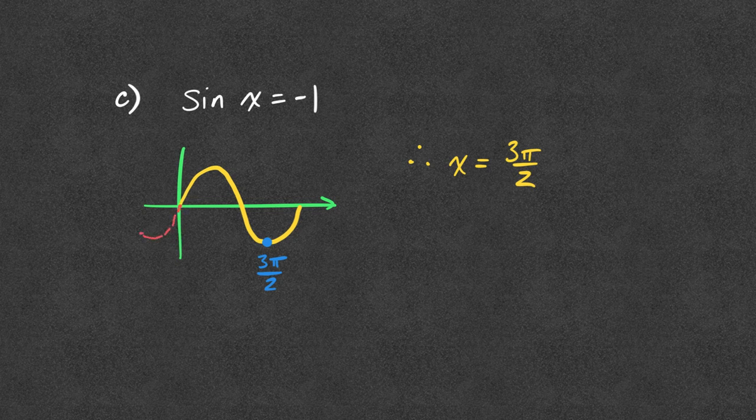You will notice that we are going to hit -1 before or after 3 pi by 2 every full rotation, every 2 pi. And so my statement for that equation would then be plus 2k pi to incorporate that interval.